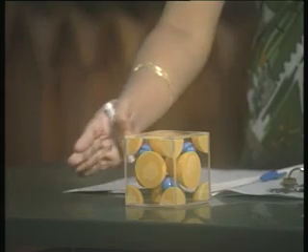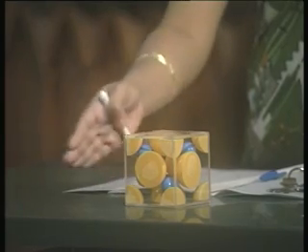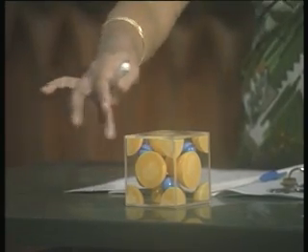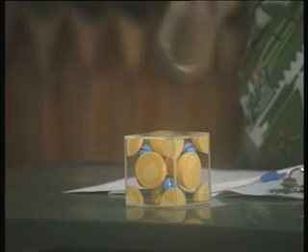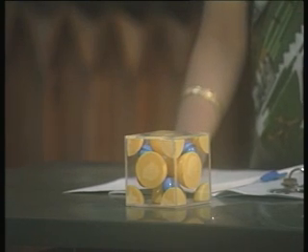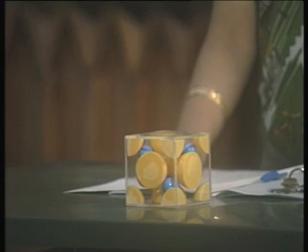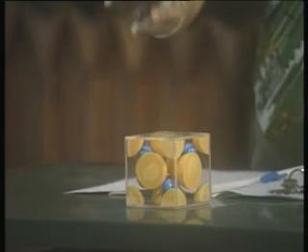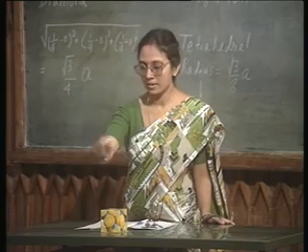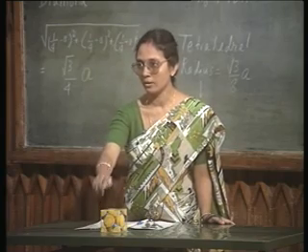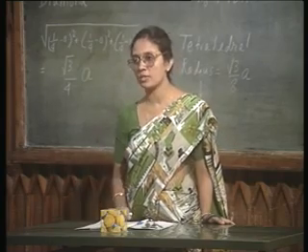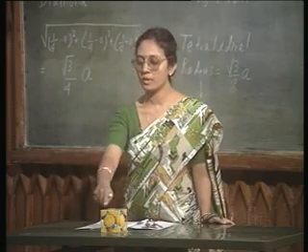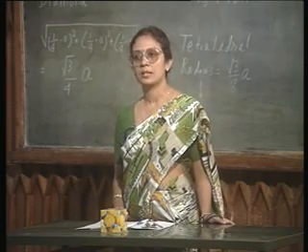I can think of placing another unit cell here, another here, another here, that makes it 4, and then I can place another set of 4 such unit cells on top of this. This is the top corner. I can think of another set of 4 unit cells for which this atom will be at the bottom corner.